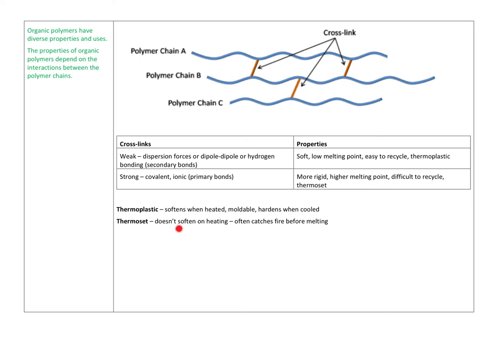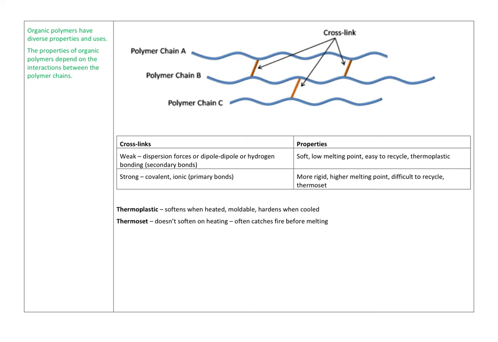So thermoset doesn't soften on heating, they'll often catch fire before they'll melt when you try and heat them. So in terms of recycling, generally the thermoplastics are preferable, but they may not always be as hard and durable as some of the thermoset plastics.